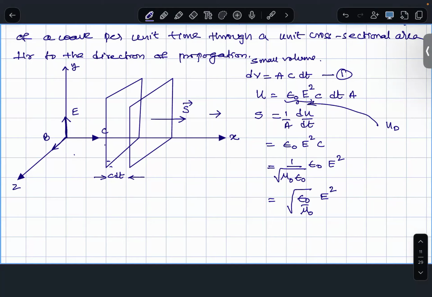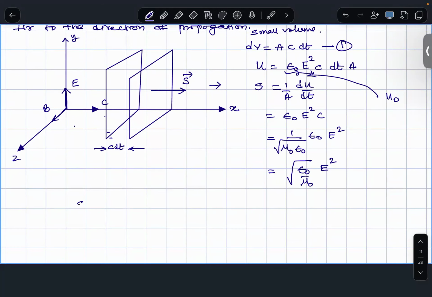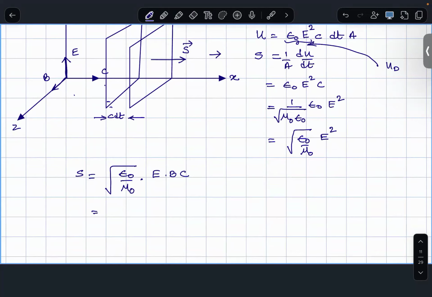Okay. Or you can write the same thing in a different way. S can further be written as epsilon naught E, epsilon naught E C, and C can be written as E by B. So in the place of one E, I can write C as 1 by root again.